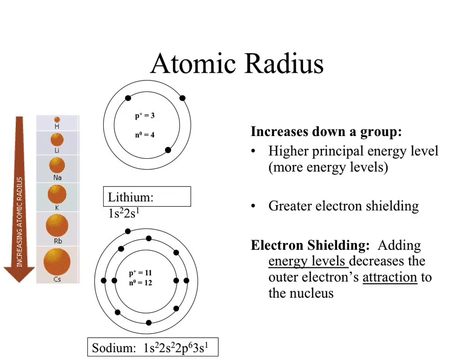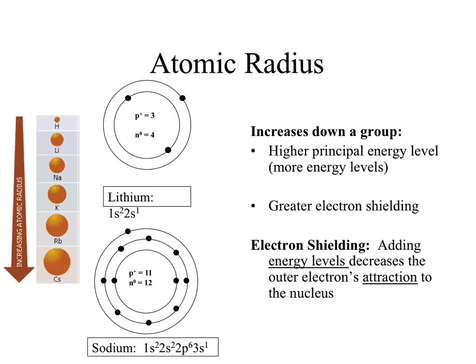That's called electron shielding. These electrons on the outside in sodium are being shielded from the center by all the electrons in between. They're further away, and there's stuff in between, so they're actually going to be easier to pull off. That's going to become important here in just a minute when we talk about ions. All right? So that's what I'm talking about with electron shielding. Stuff's in the way of that nucleus.